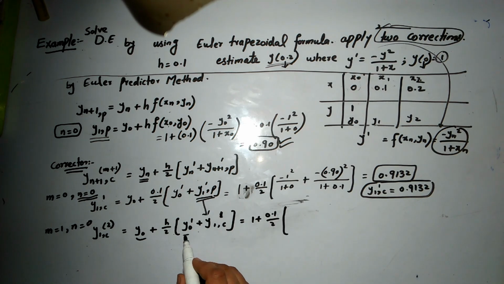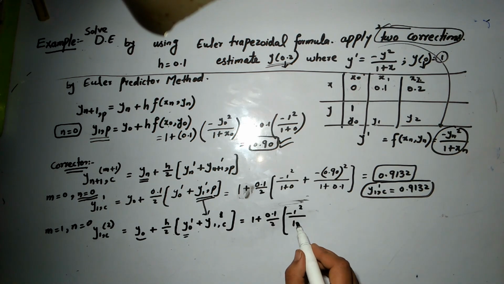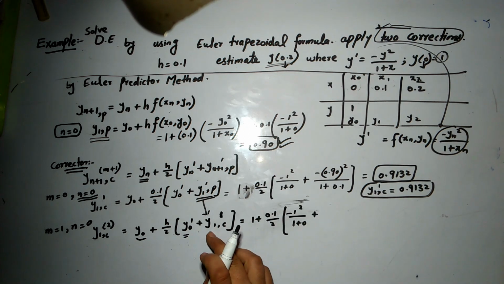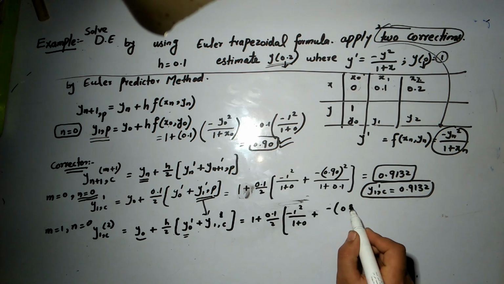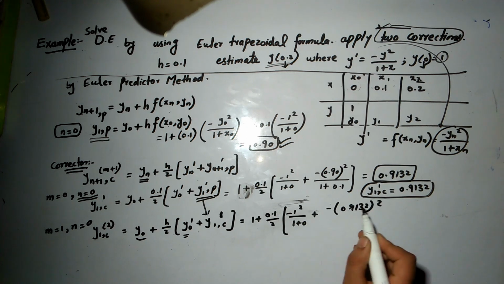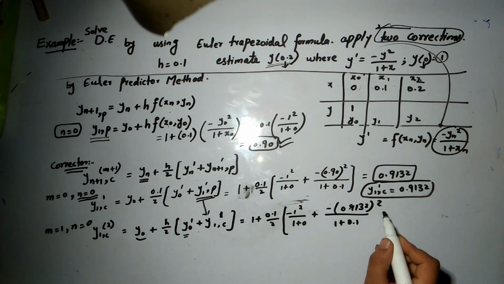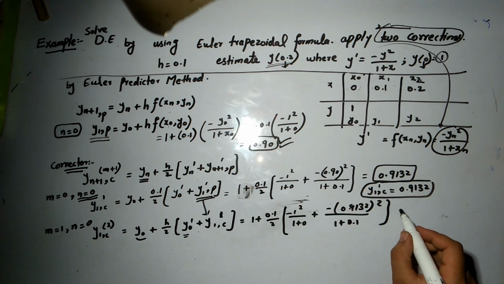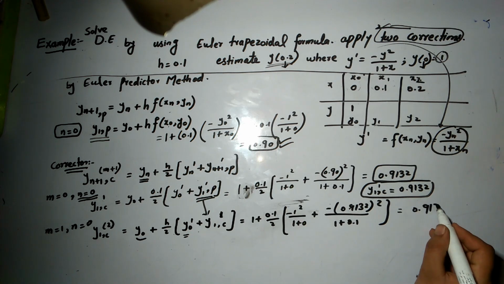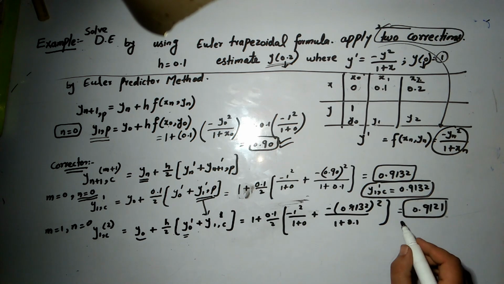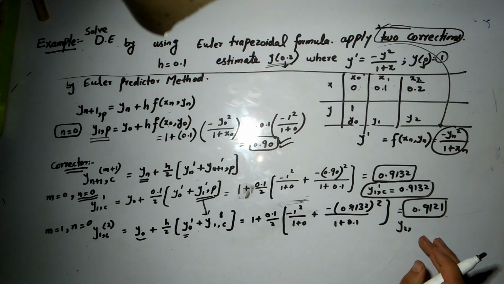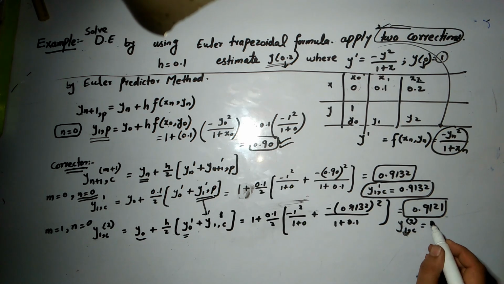So simply y0 is equal to 1 plus 0.1 over 2. This will become y0 dash, minus 1 squared over 1 plus 1, plus this will become minus 0.9132 squared over 1 plus 0.1. So this will become 0.9121. This is y1c2, the second correction.